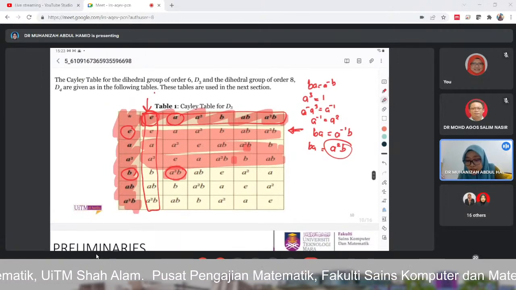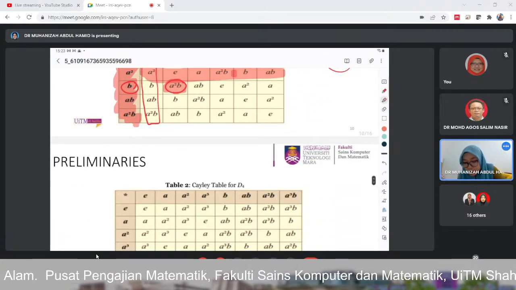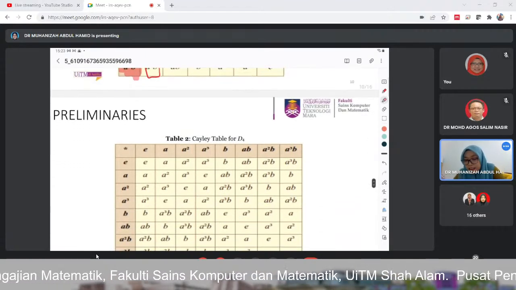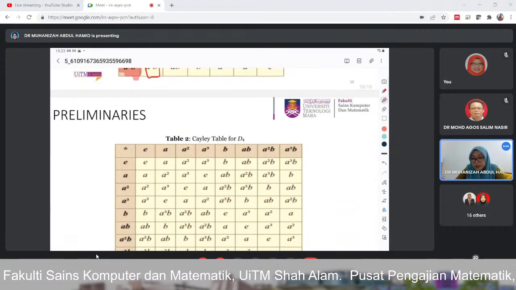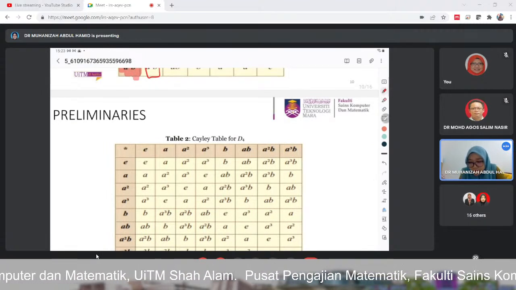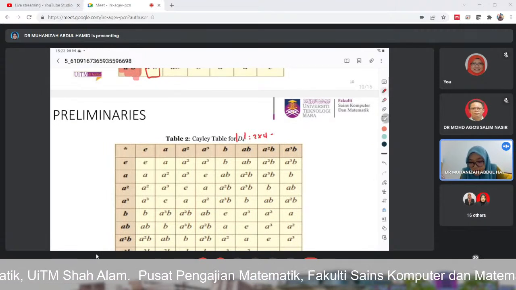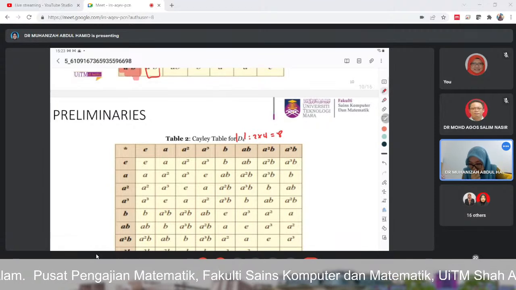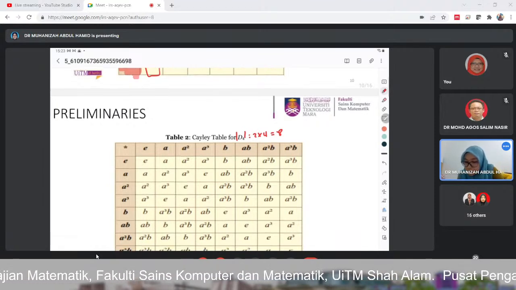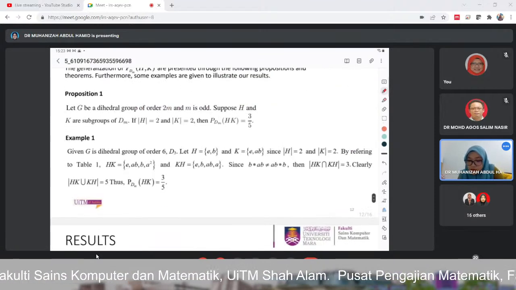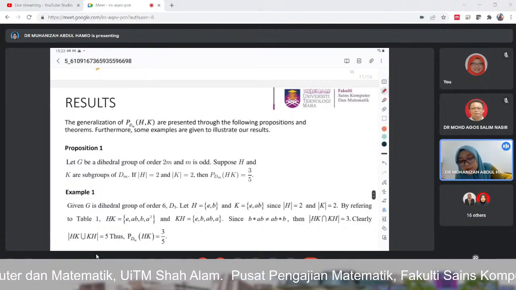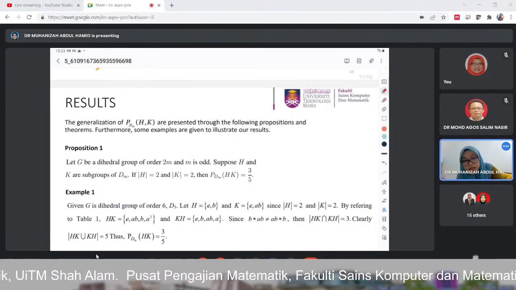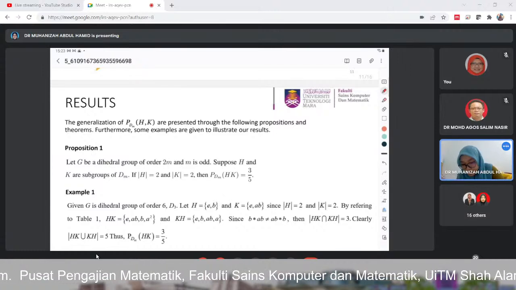Next, we have another Cayley table, which is the Cayley table for the dihedral group of order 8, because 2 times 4 is 8. Then we come up with one proposition and two theorems.